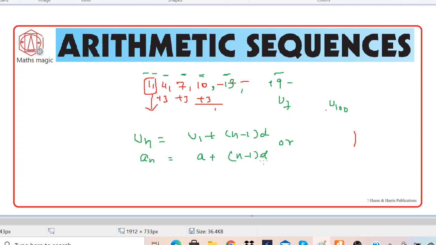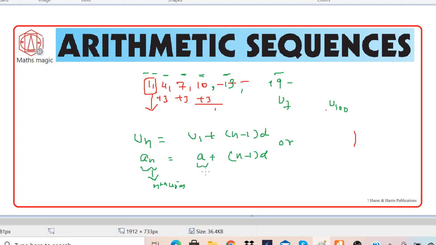Now, what these letters denote over here: as I told you, an or un represents the nth term. So if you want to find the seventh term of any sequence, you will replace n with 7.